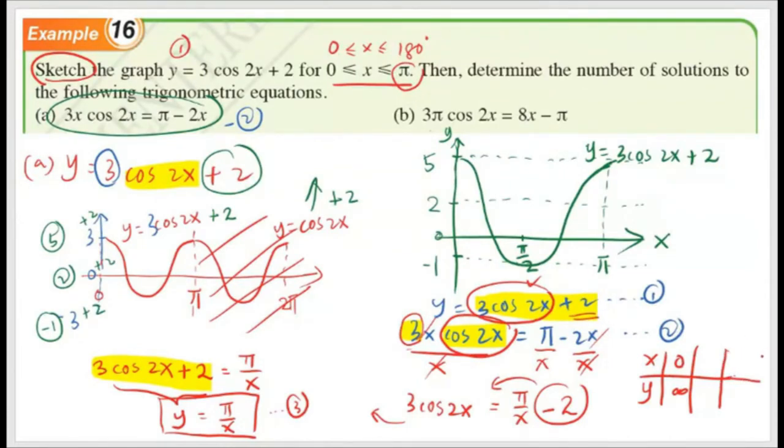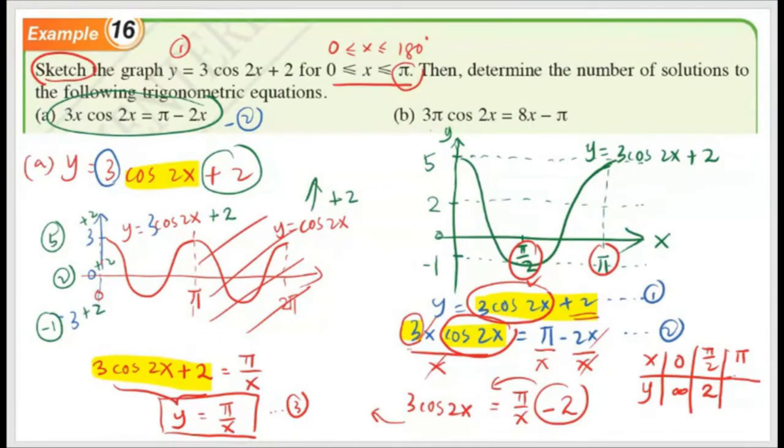For example, what is the value you are going to choose? Pi over 2 and pi, because here is pi over 2 and another one is pi. So you choose pi over 2 and pi. y equal to pi over pi over 2, so it's 2.